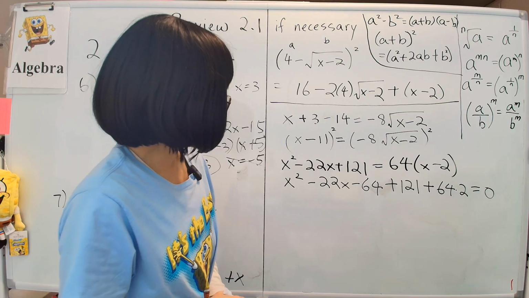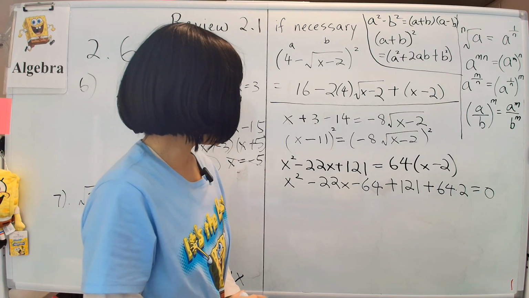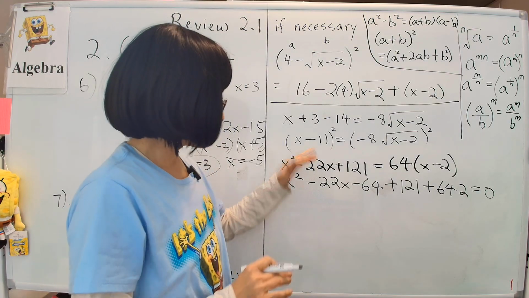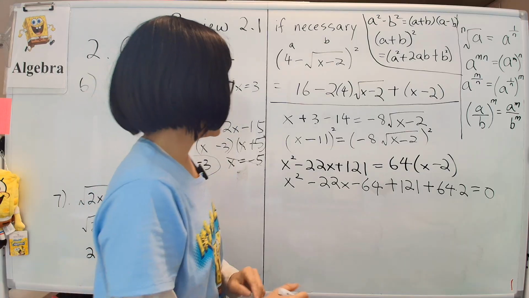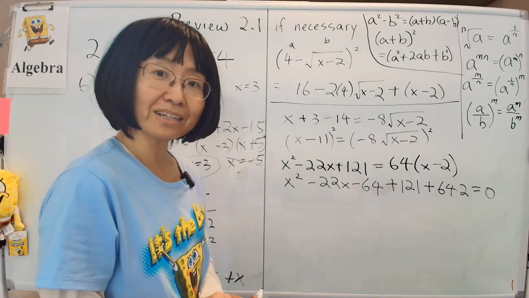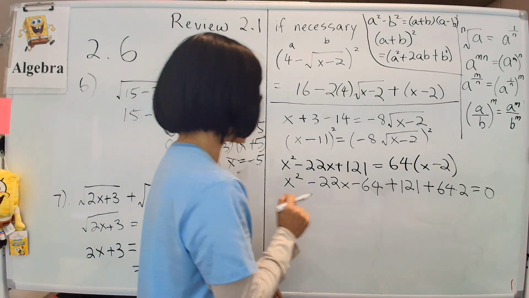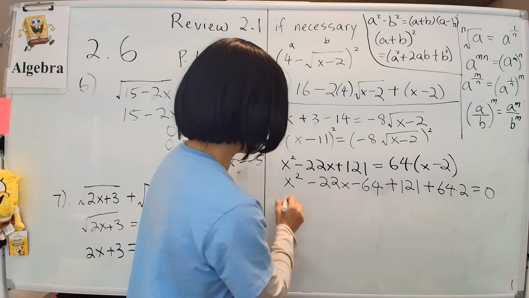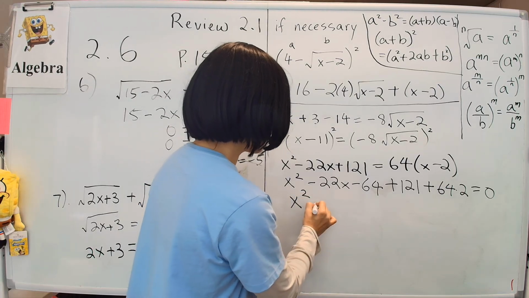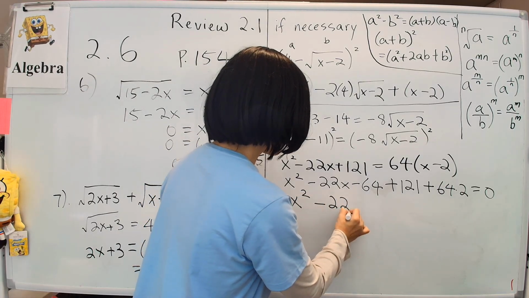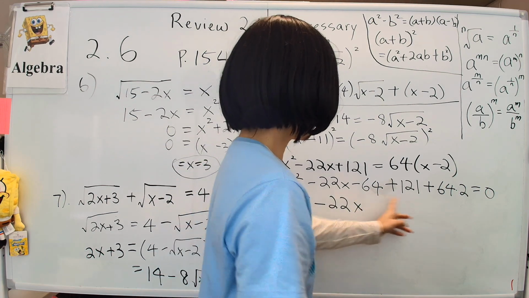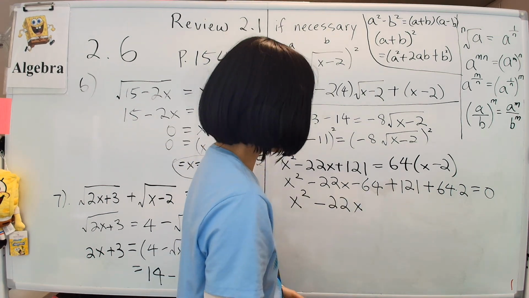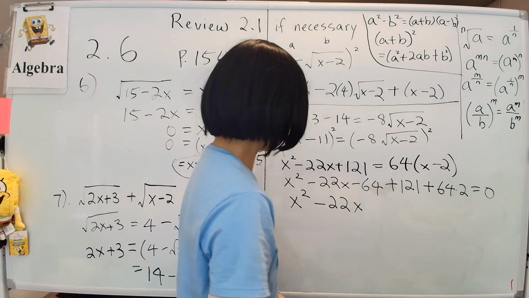This step looks a bit annoying, right? With big numbers and stuff, but it's the same process. With the help of a calculator, if necessary, you can totally do this. So that equals, we'll write it one more time, x squared minus 22x. What is that?